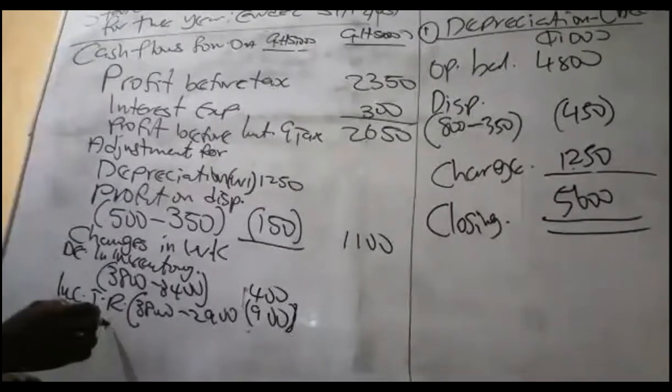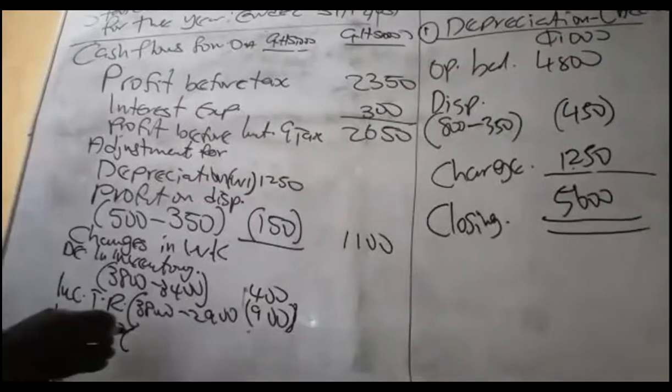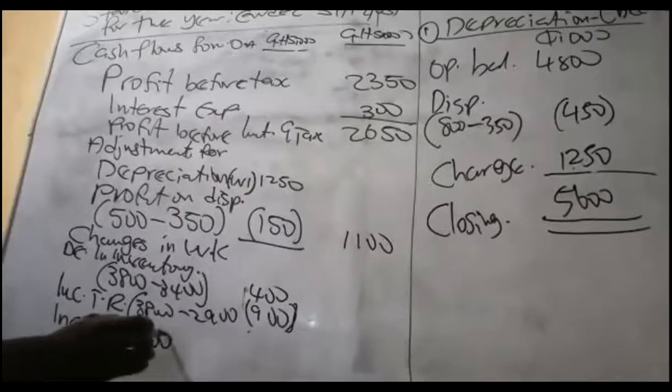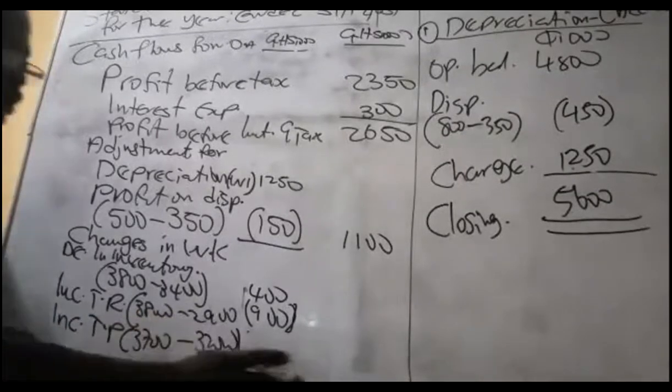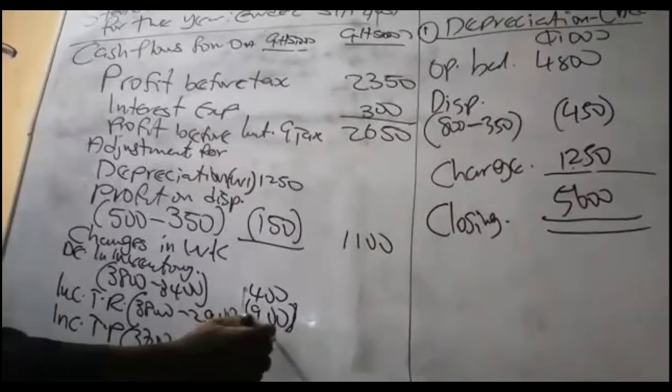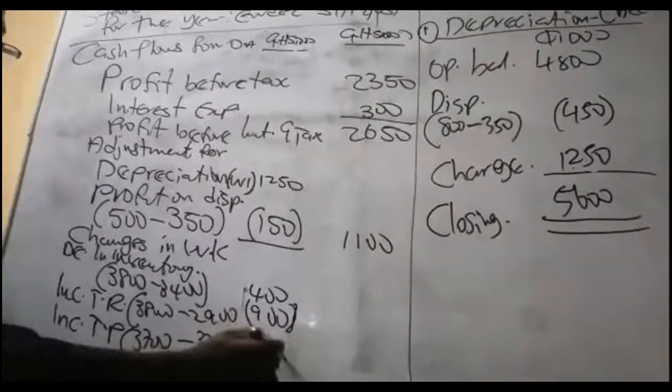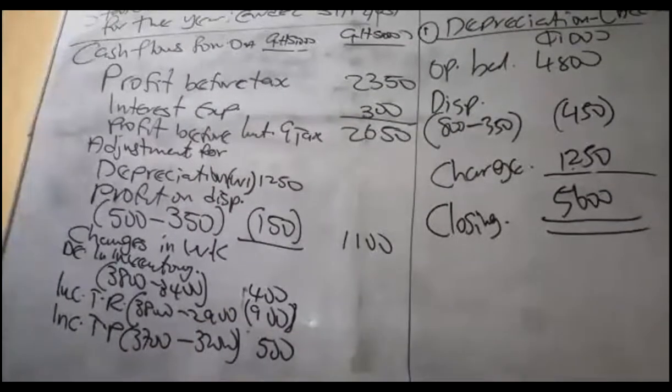Open a bracket: 3,700 less 3,200, and this will give us 500. Increase in payable, is it inflow or outflow? Inflow, because money is coming in. Why? Because the suppliers have given us more goods, or more cash in the form of goods. Great. So that is it.